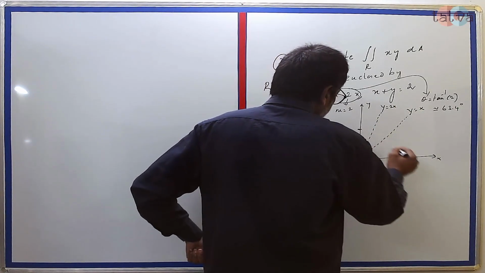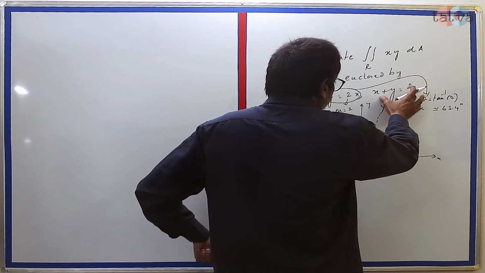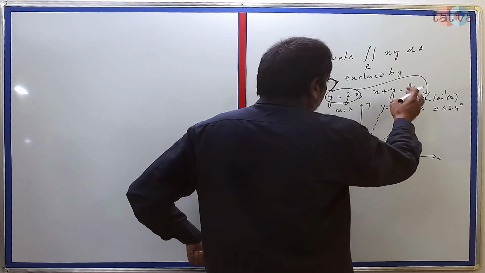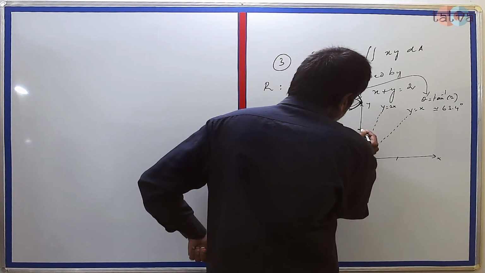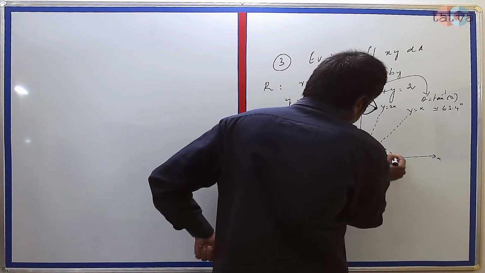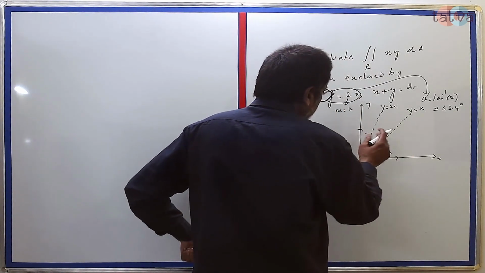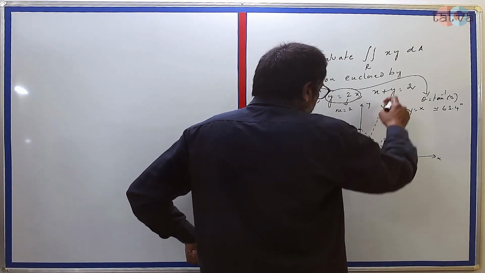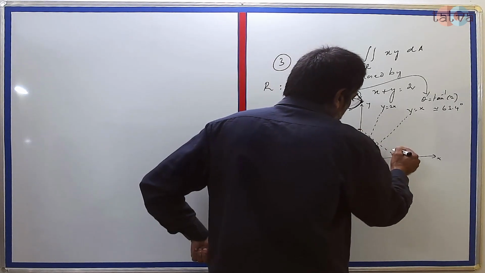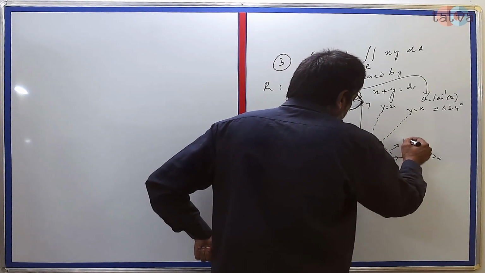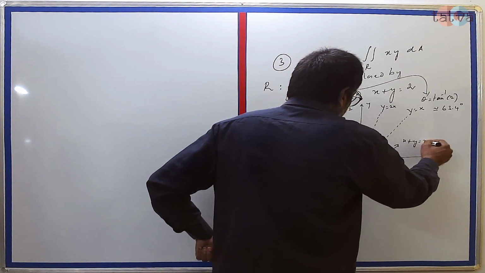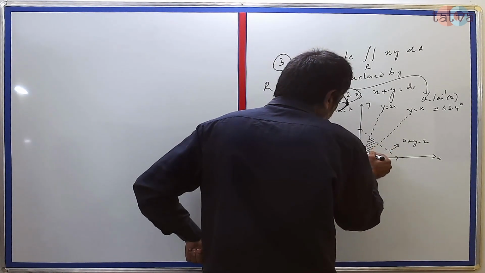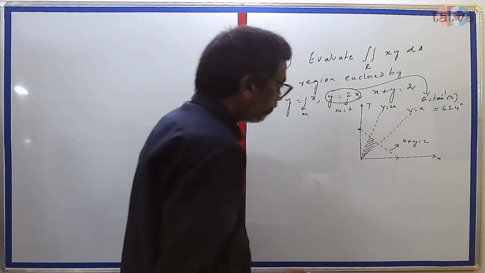Now comes the third line, which is having equal intercepts on the x and y axis of 2 units. So let me draw that line here. And it is the region between y is equal to x, y is equal to 2x, and x plus y is equal to 2. So this is x plus y is equal to 2. So this is the region of integration. So that's the region.